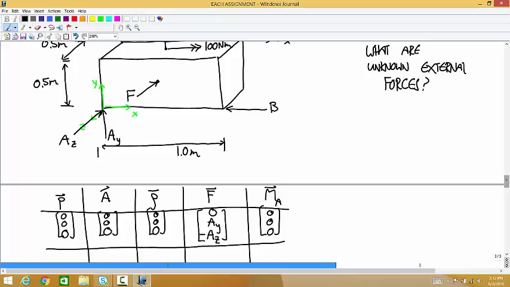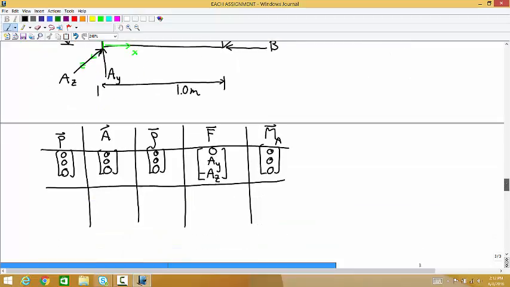Now let's go to this force F. What are the coordinates where that's applied? 0.5x, 0.25y, and then 0 for z.